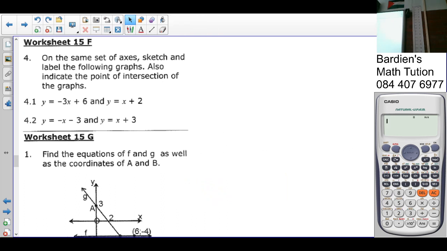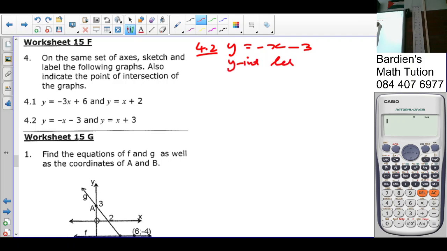Right, 4.2. Equation 4.2, same story. You just sketch the graphs first. So y is equal to negative x minus 3. So what do I calculate first? The y-intercept. We let x equal to 0. So y is equal to negative 0 minus 3, which is negative 3.